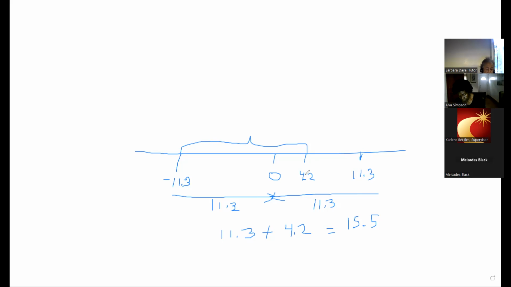Well, I'm just putting 4.2 here. Okay, so you can't change it because it told you your starting point and it told you your ending point. So you have to stop at 0 with one and do the next one. Stop at 0 again, and put the two together. You can just picture it in your mind. You're going from negative to 0, then 0 to positive. Add the two together, you got your distance.